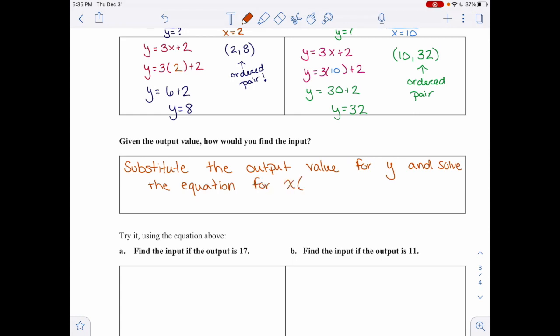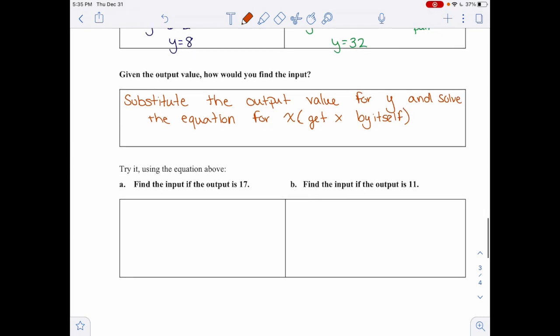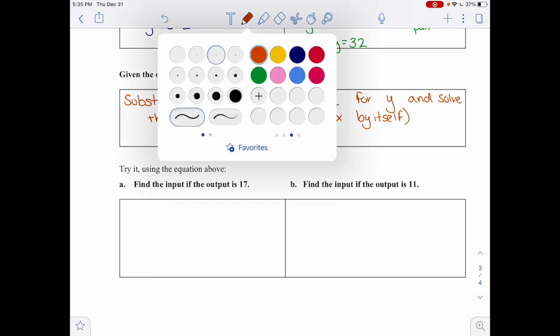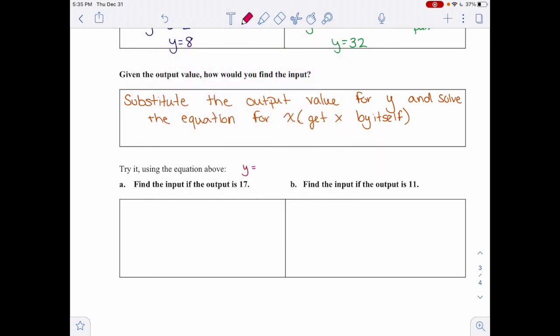Right, and solve means like get x by itself, isolate it, using what we just learned in our last unit. So again, pause the video, give it a shot. You're using that same equation, that same y equals 3x plus 2.